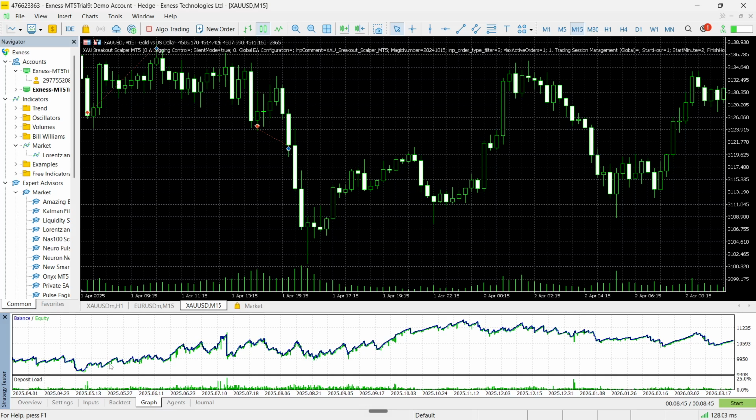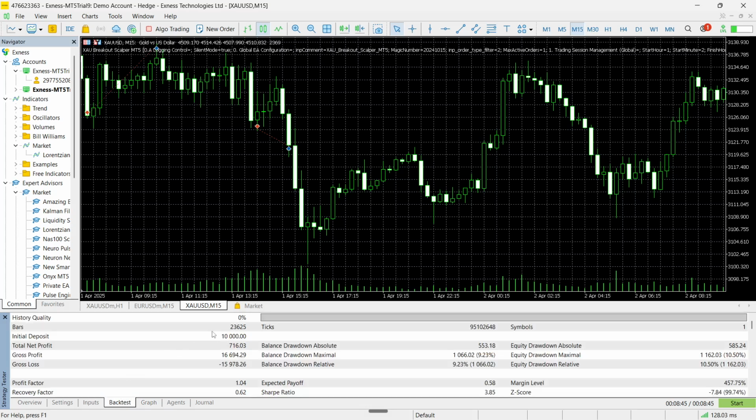You can see from the results that net profit is modest, around $716. The profit factor sits near 1.04 and the drawdown is 9.23%. It's important to note that the history quality is reported as 0%, which means the modeling is incomplete and the results should be treated with extra caution.